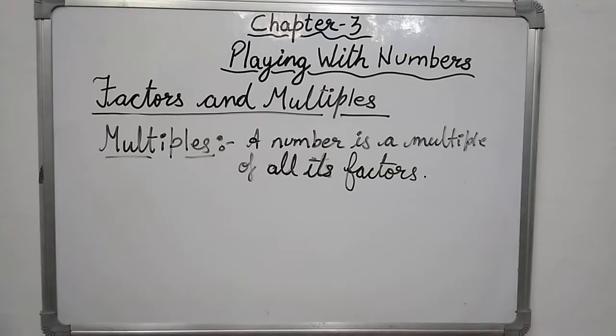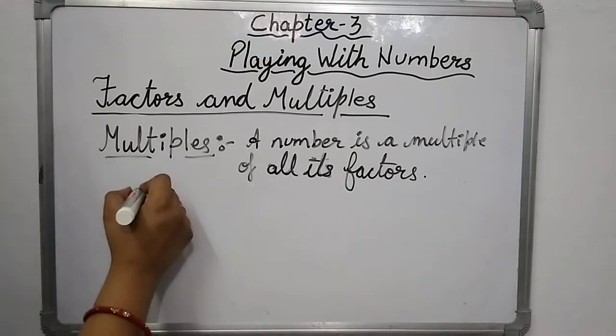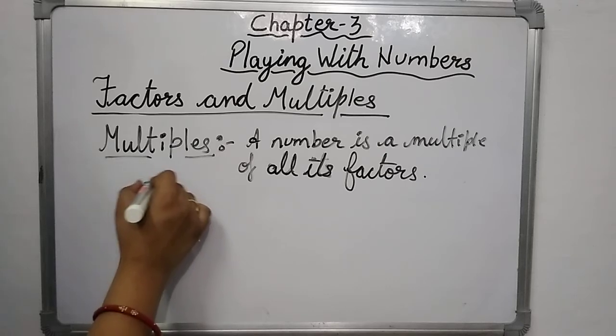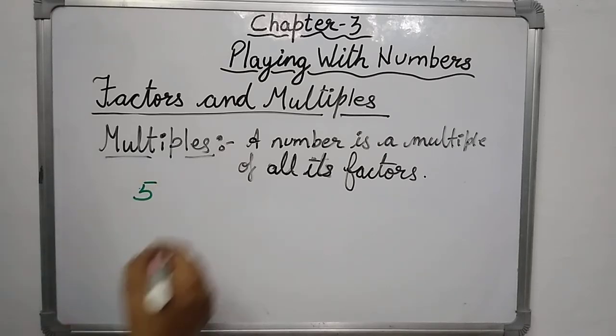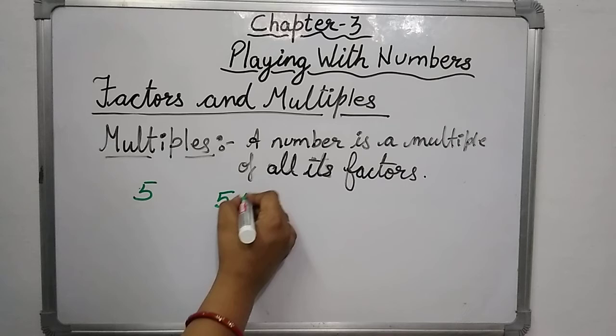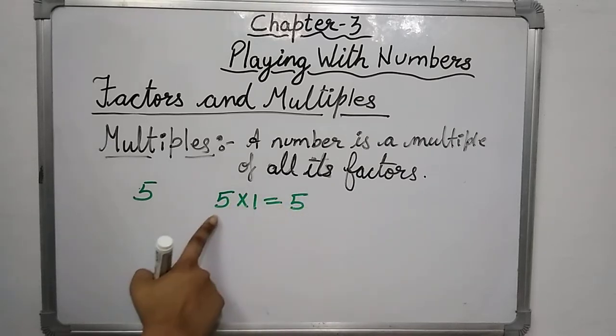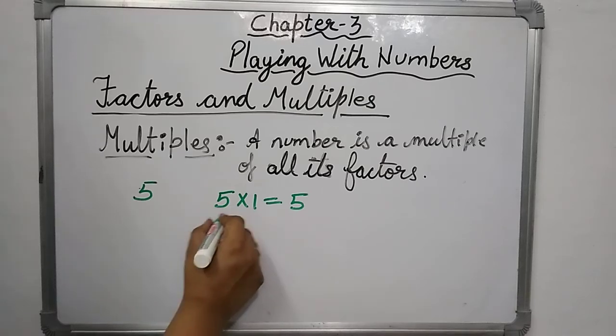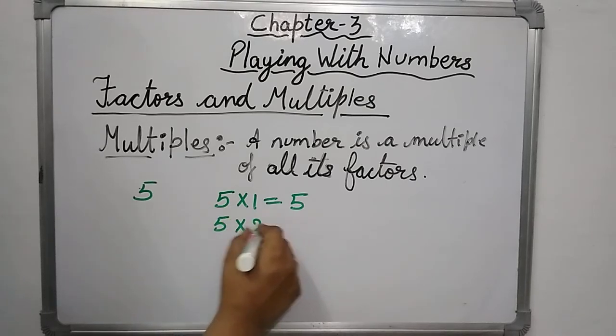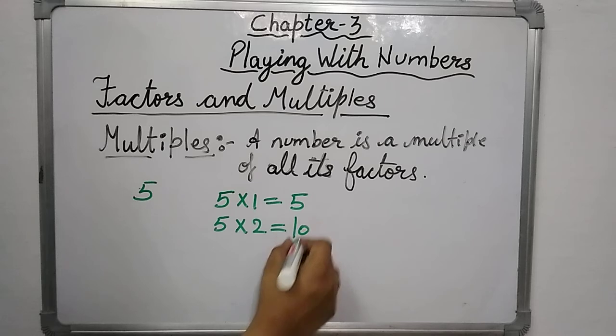So if you need to calculate multiples of 5, what you will do, you will just multiply this 5 with different numbers. This 5 is the first multiple of 5. When you multiply it with 2, you get 10.